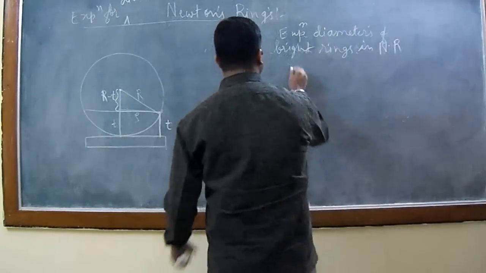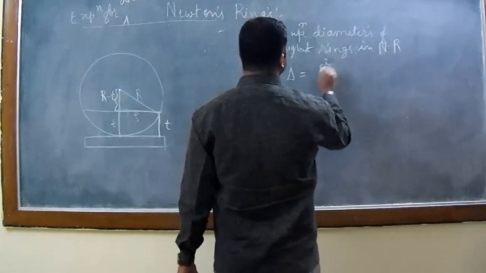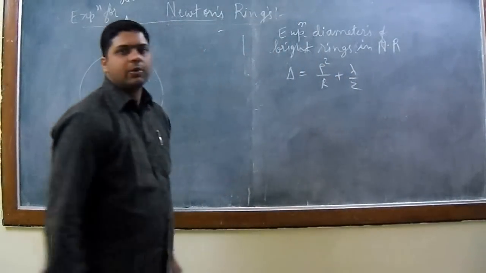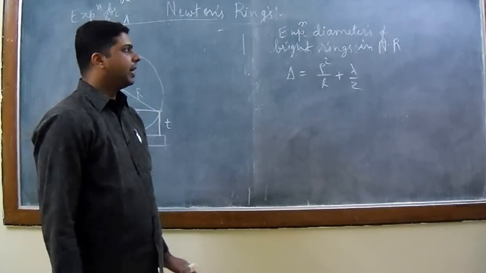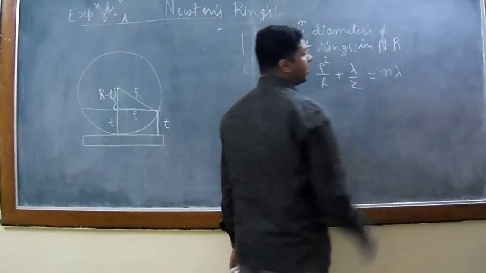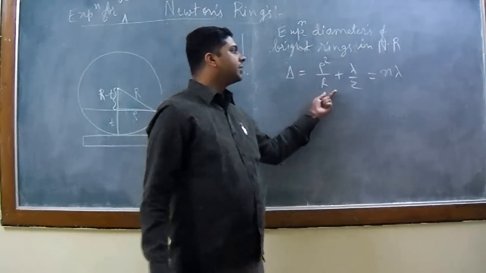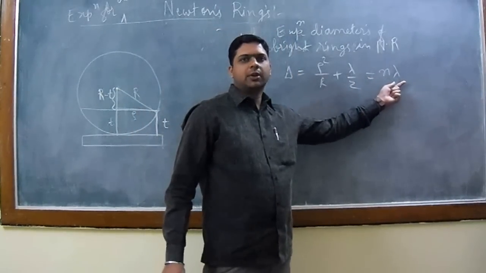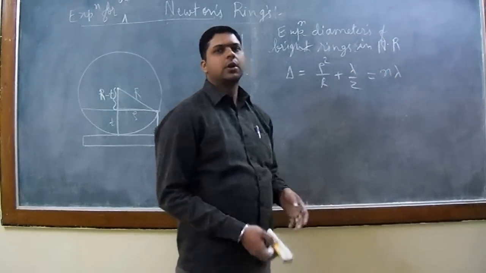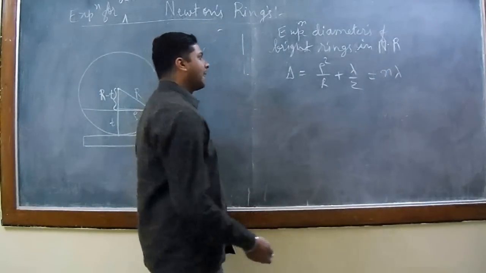So now we know the path difference, which is rho square by r plus lambda by 2. Now, as we want to derive the expression for diameter of bright rings, we have to equate this path difference to integral multiple of wavelength lambda. That is, whenever this path difference is equal to integral multiple of wavelength, it satisfies the condition for constructive interference or condition for brightness.